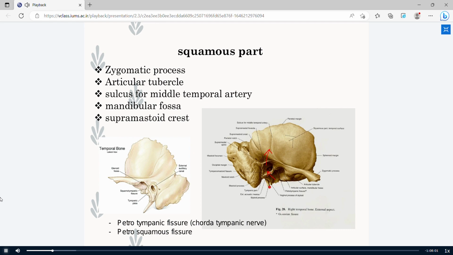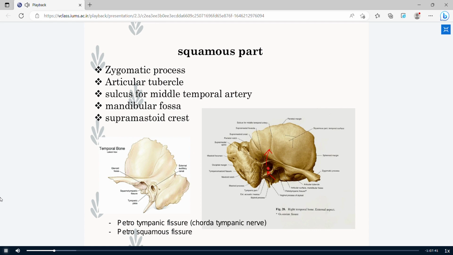This is the tympanic part of the temporal bone. It is a thin bony structure with a quadrangular shape.